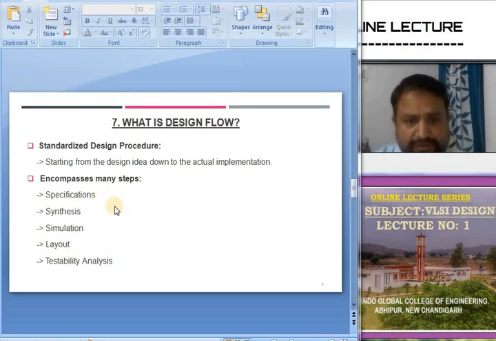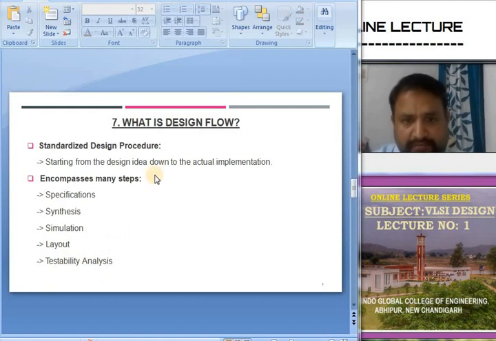With the help of simulation we can get the original result before actually fabricating the circuit. And after the fabrication, every device has to be subjected to elaborate testing before it is subjected to the market.